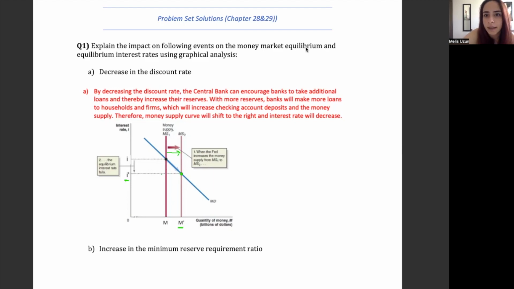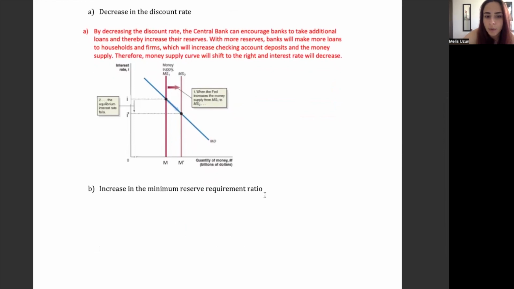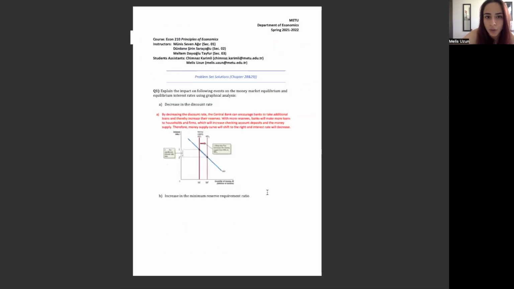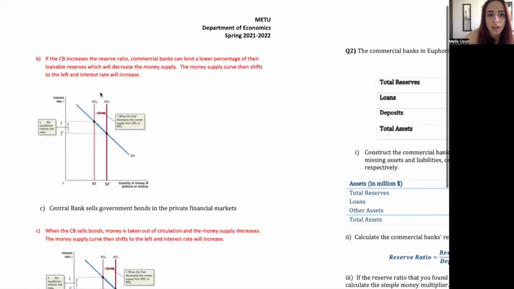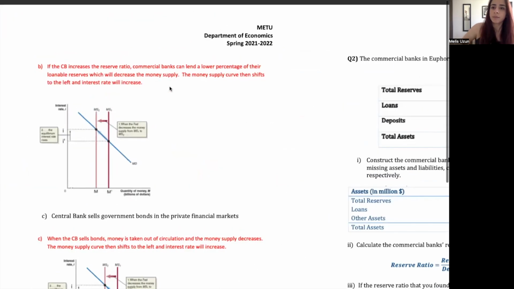Let's look at the second question. It asks us, if there is an increase in the minimum reserve requirement ratio, what will happen? So if the central bank increases the reserve ratio, the banks can lend a lower percent of their loanable reserves, which means it will decrease the money supply.